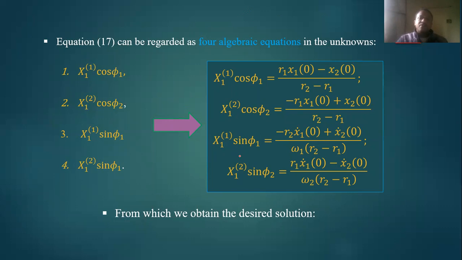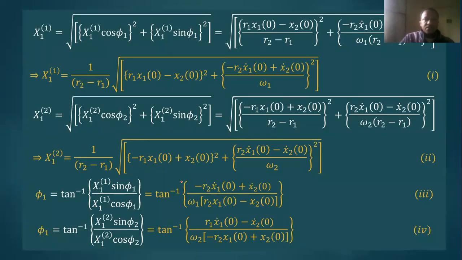And x1 of the second mode, sin pi 2, is equal to R1 x1 dot of 0 minus x2 dot of 0 over omega 2 R2. So again, using these 4 equations, we have these relations.